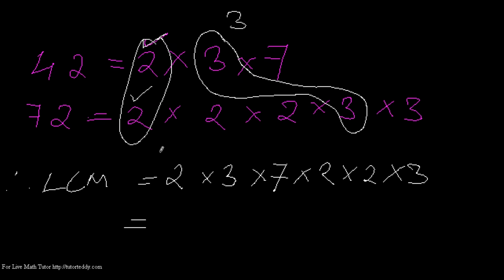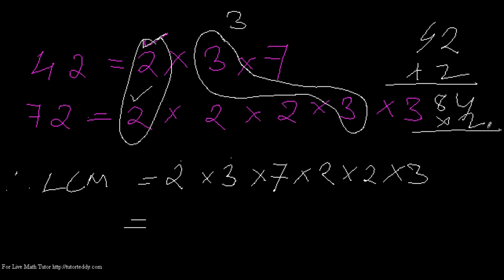How much do I get? 2 3s are 6. 6 7s are 42. Then 42 into 2 is 2 2s are 4, 4 2s are 8, 84 into 2 is 4 2s are 8, 8 2s are 16.